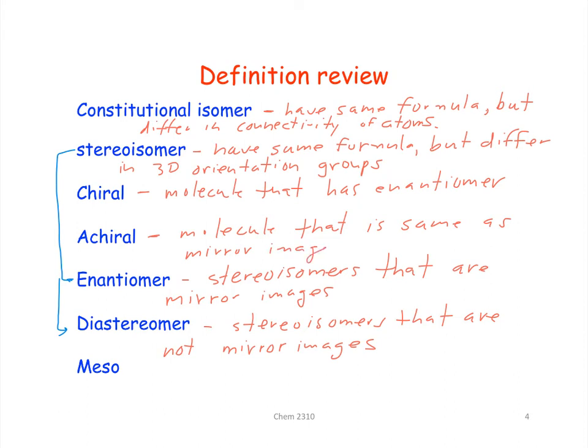Okay, meso is an example of an achiral molecule, but it's an achiral molecule that does have chiral centers. And it typically has to have more than one.